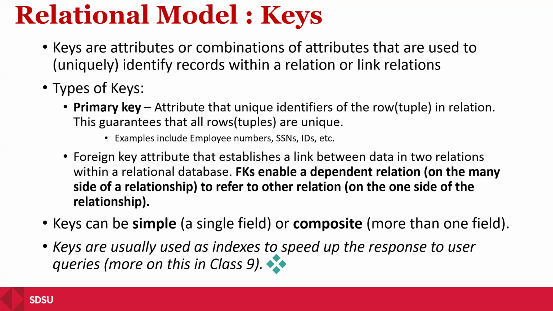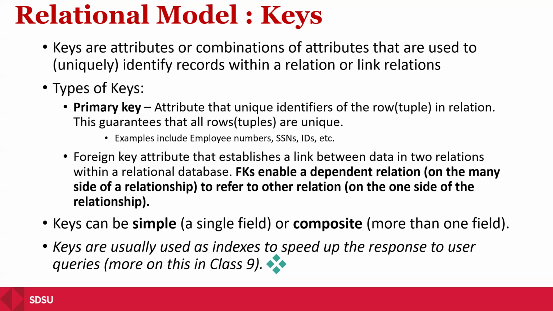We have primary keys that uniquely identify a specific tuple or row in a relation. Those help us find rows based on a specific field. There can't be two rows that have exactly the same primary key. So a primary key is unique for the entire relation or table.